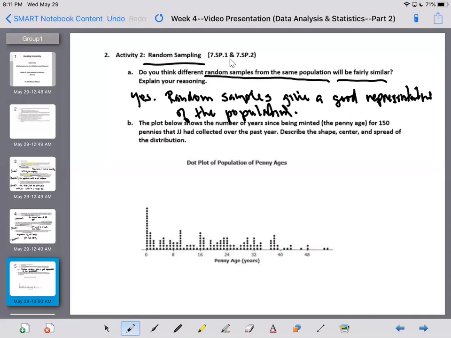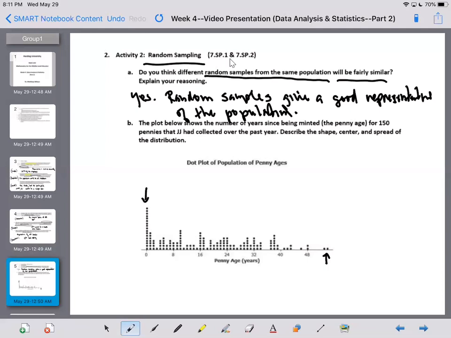the population. Down below, you see that here you've got a dot plot of population of penny ages. So remember what dot plots represent. They represent your frequency of how many you see. And so we're looking at a whole bunch of pennies here that are just newly minted. And then you've got a couple over here that may be around 48, 49, 50 years old.